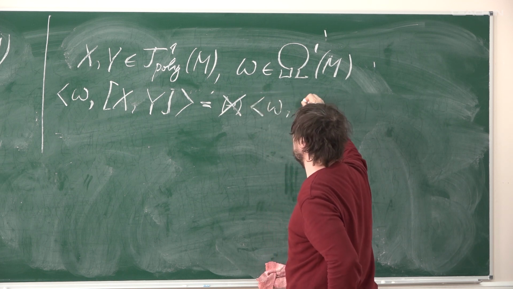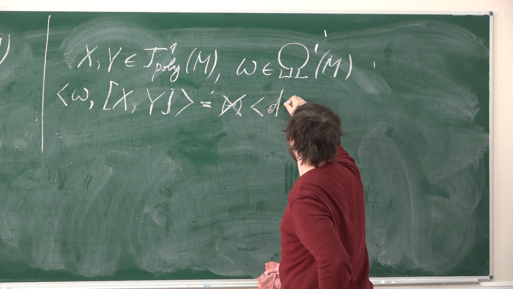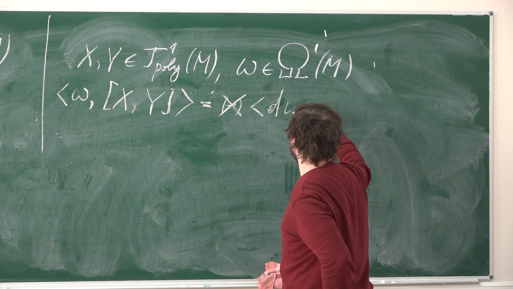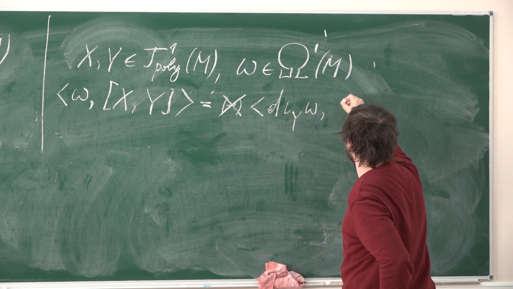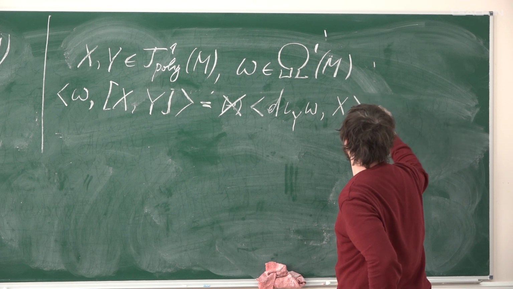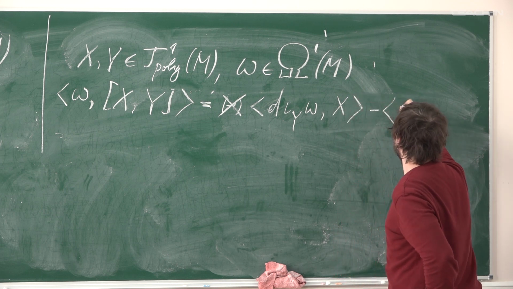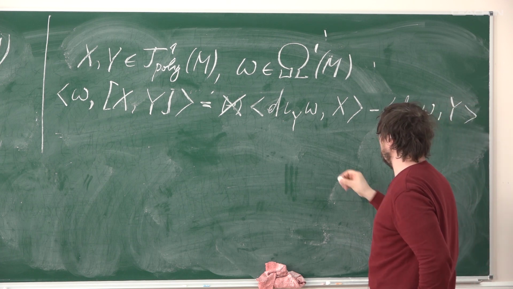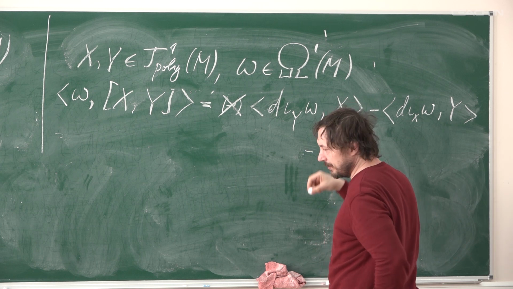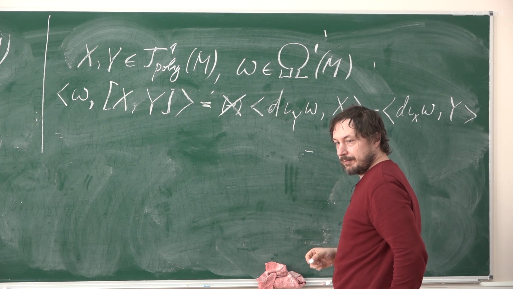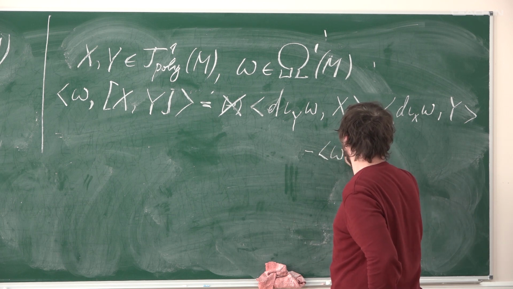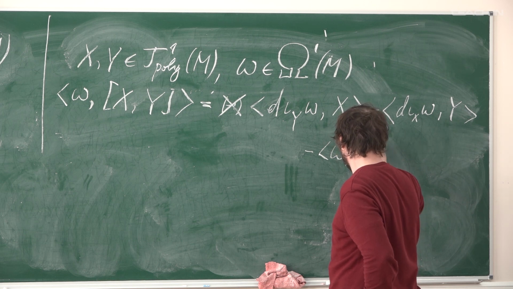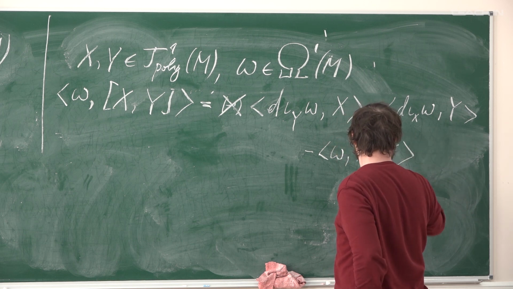We just have X d I_Y omega, and minus d I_X omega Y. And minus, because it's minus 1 to the power p, and p is equal to 1, omega contracted with the wedge product of X and Y, right?